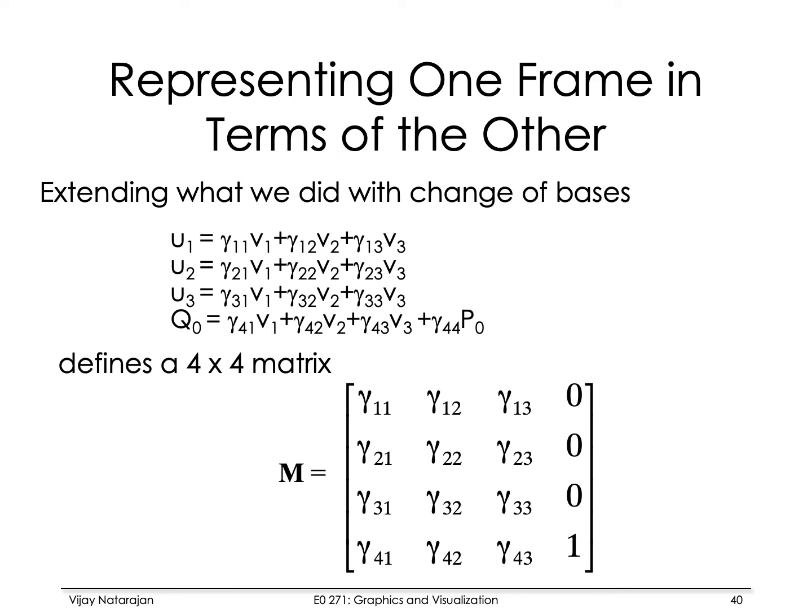So what this really means is that M can be used to represent this vector as M times the vector that is formed with the V sub i's: V sub 1, V sub 2, V sub 3, and the point P sub 0.